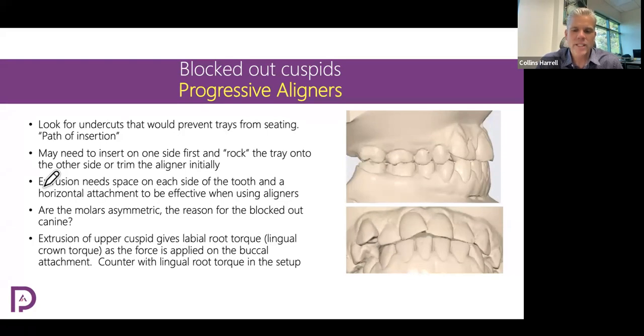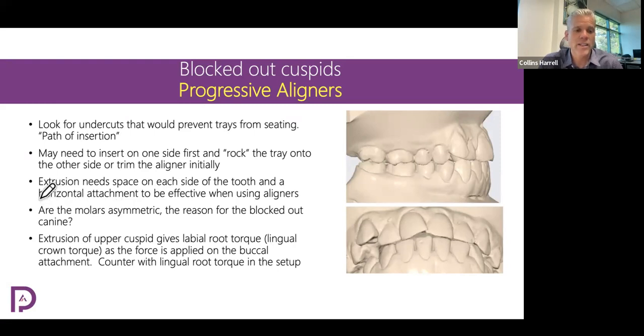You're going to be not only pushing this tooth to the lingual, but there's going to be an extrusion as well as that tooth comes in. So that tooth is going to need space on either side of the tooth for these movements to happen. So make sure in the setup that you can see that the technician is creating visible space on either side of this tooth before they start bringing it in so that it actually moves predictably.